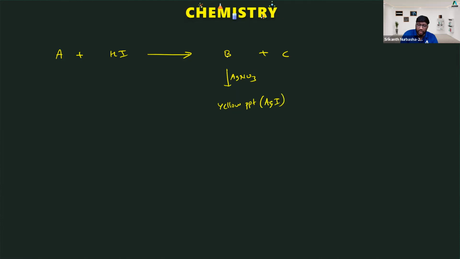If AgI is formed, that means B should have a tendency to release I minus.